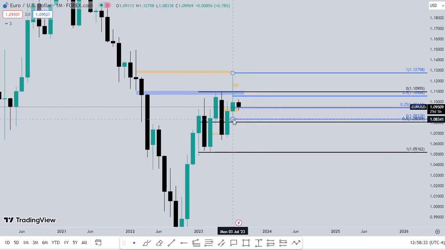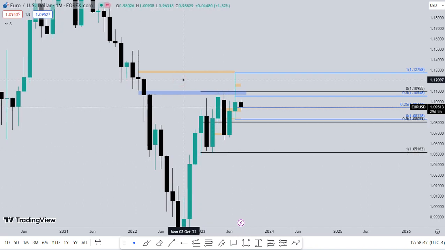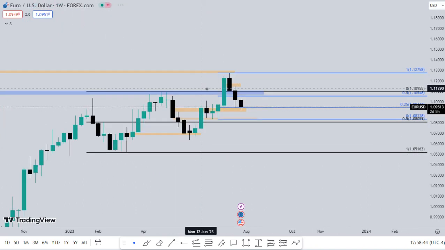On the downside will be this low, the previous monthly low, and after that maybe these lows and eventually this level. So these are the monthly time frame levels. We go to the weekly time frame.